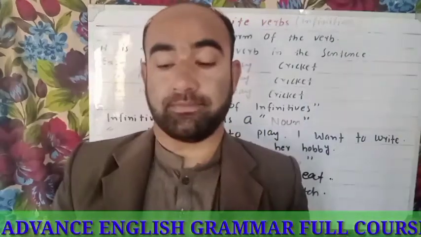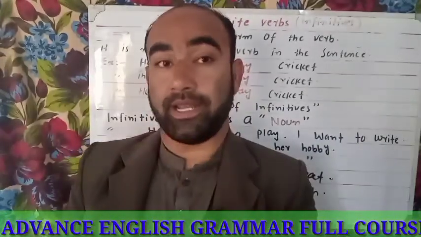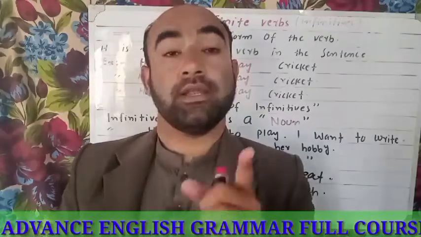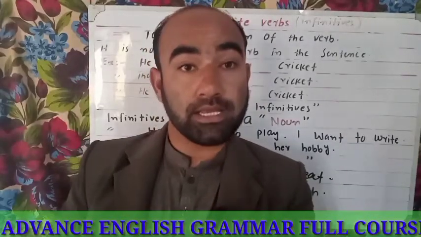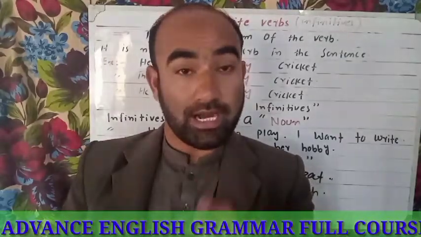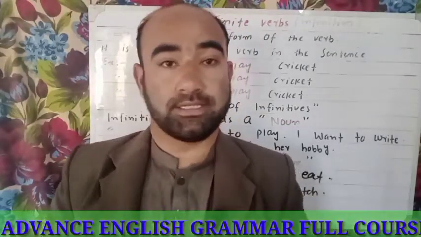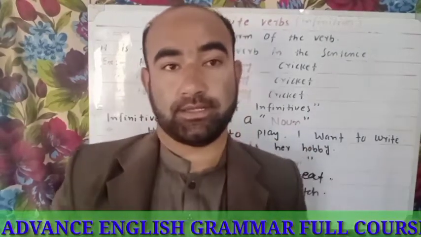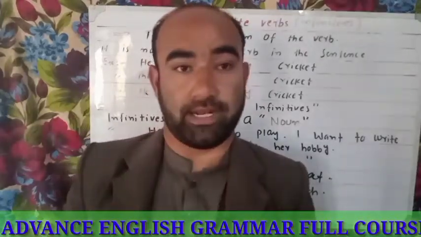For example, let me play. Let me to play, but the to is hidden here. Let me play, and he made me laugh. Laugh and play here are both infinitive words. It is not needed for to to come with the base form of the verb in every sentence. Sometimes it is omitted.